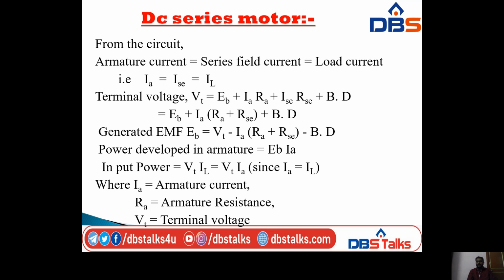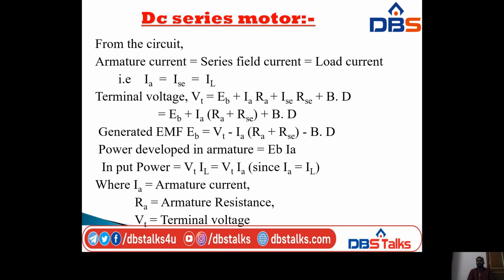Here Eb is the back EMF or generated EMF of the given circuit, plus Ia Ra is the armature winding drop, plus Isc Rsc, the series field winding drop, plus the brush contact drop, Bd.